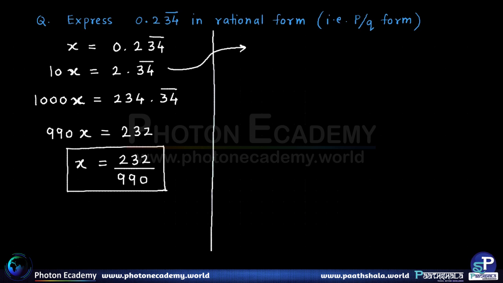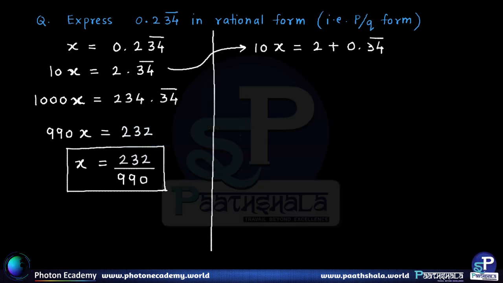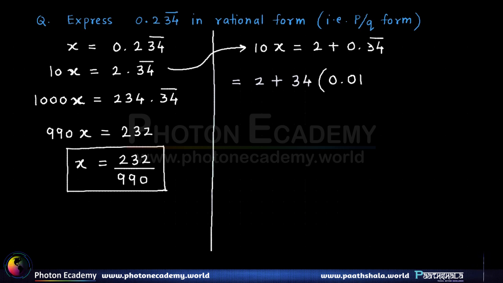So let me write this as 10x is equal to, now 2.34 can I write as 2 plus 0.34 recurring, right? So that means it is equal to 2 plus, now if we take 34 common, then what will remain in the bracket is 0.01 recurring, right?